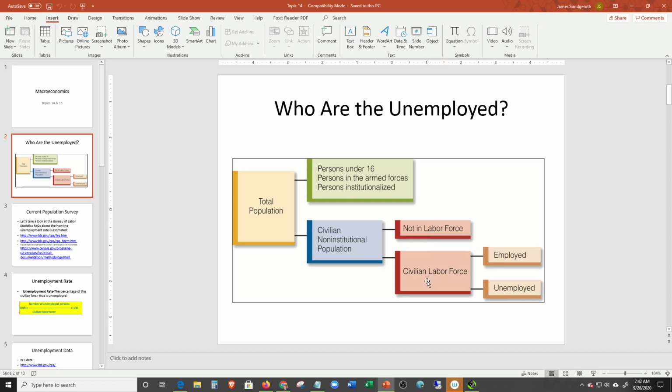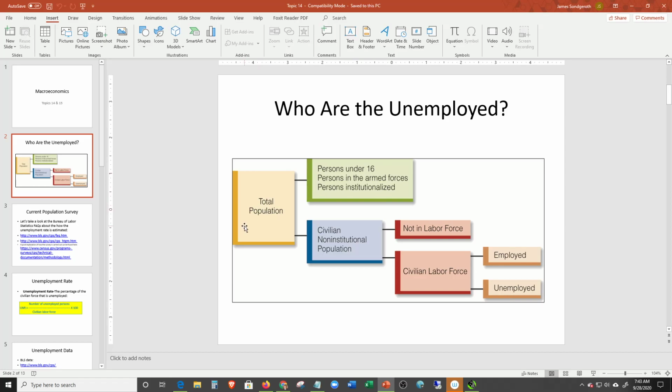So if we add together the labor force and not in the labor force, we get the civilian non-institutional population, 16 years and older. And if we add everyone under 16, persons in the armed forces and institutionalized people to the civilian non-institutional population, we get the total population, okay?